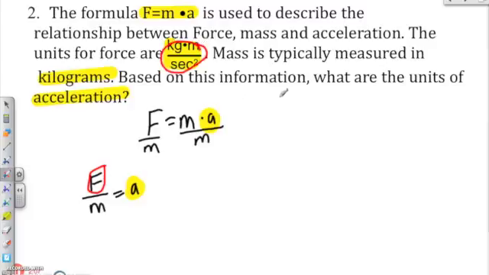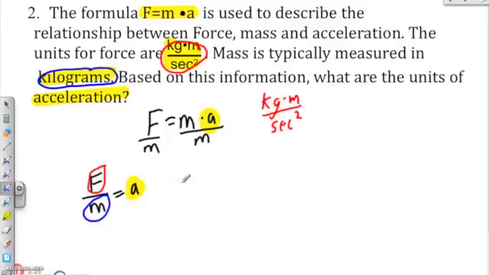So I'm going to replace that F with kilograms times meters over seconds squared. Now I am told that my mass is measured in kilograms. So where that m is, I'm going to replace that with kilograms.